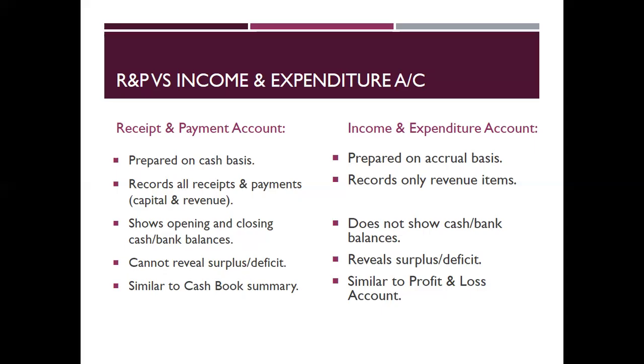You are not necessarily starting your account with cash or bank balances. Probably what you are going to be starting with will be your opening stock, then you are closing it with your closing stock. So we can see that this one is not reflecting cash per se, but is reflecting what we have in stock.